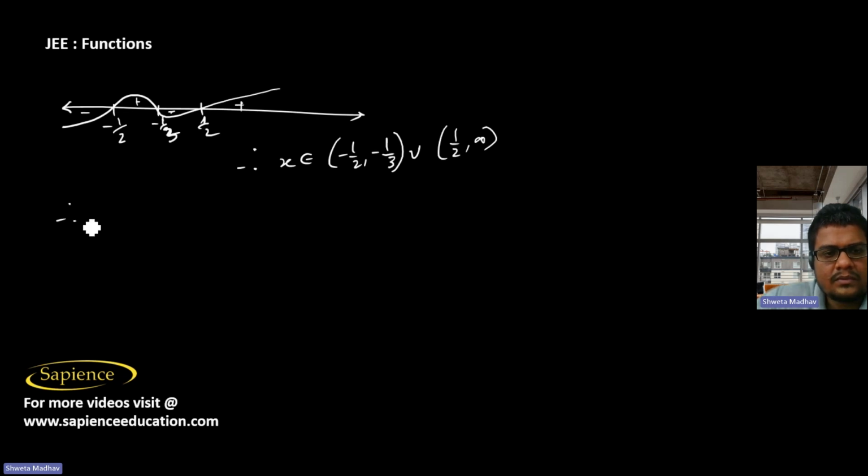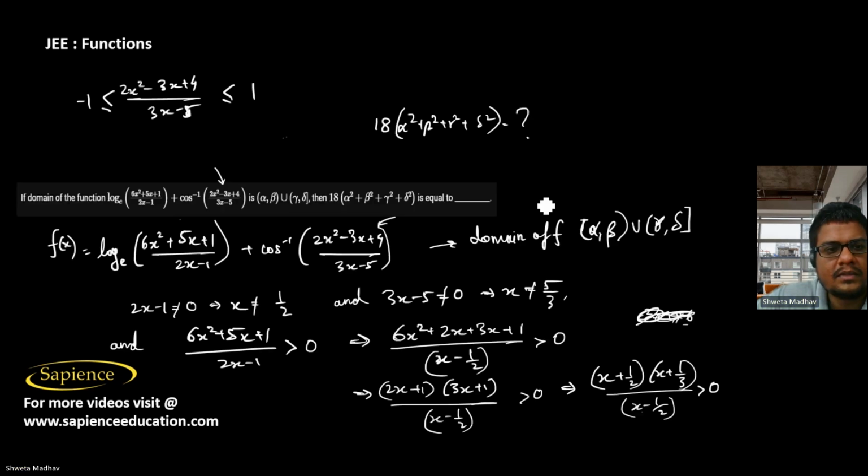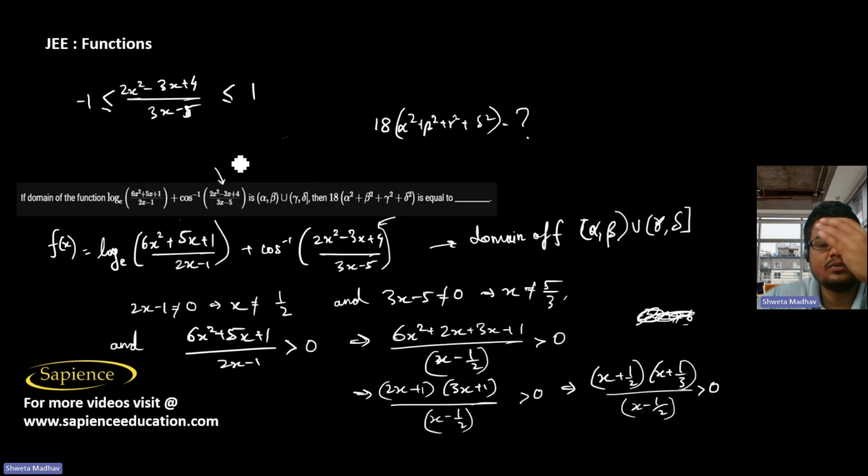So now you can say one thing: (2x square minus 3x plus 4) by (3x minus 5) minus 1 is less than or equal to 0, and (2x square minus 3x plus 4) by (3x minus 5) plus 1 is greater than or equal to 0.